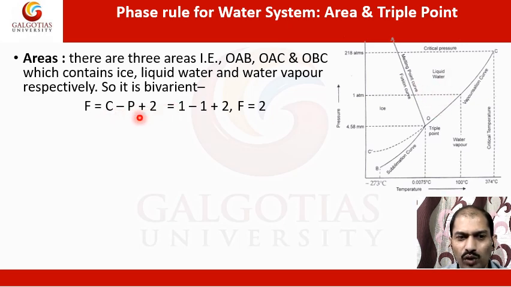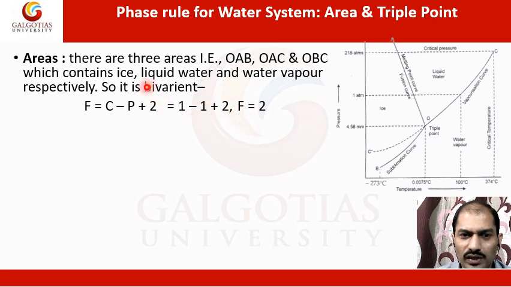In the formula F = C - P + 2, P will be 1. Similarly, look at OBC here: this whole area is the vapor phase, so only one phase is there. In that case, if you want to calculate the degree of freedom, P will be 1, so the area will be bivariant.